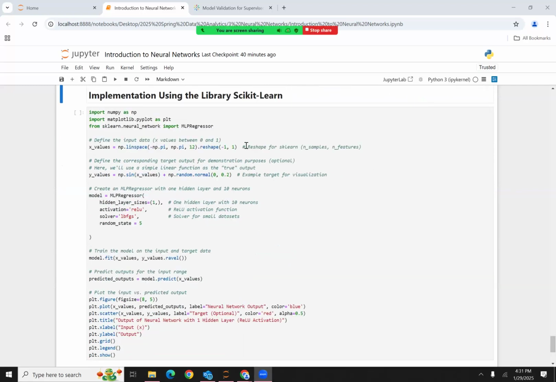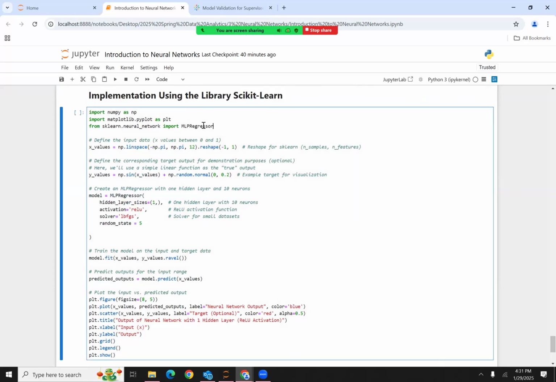Over here, I'm going to be using a specific library that's called scikit-learn, and we're going to be importing something called the MLP regressor model from scikit-learn. MLP stands for multi-layer perceptron, which is another expression for an artificial neural network. We have a data set, which you will see in a minute, but I first need to define a variable that refers to my model.